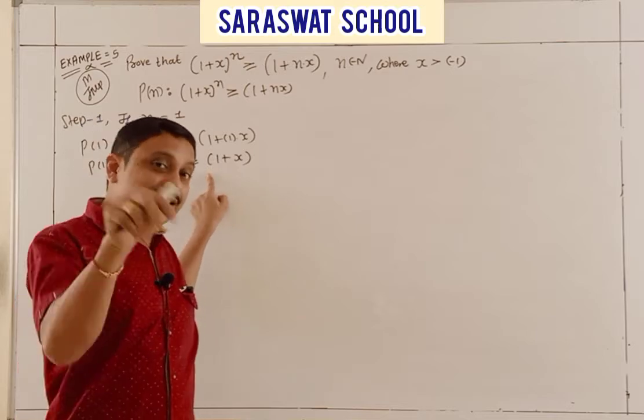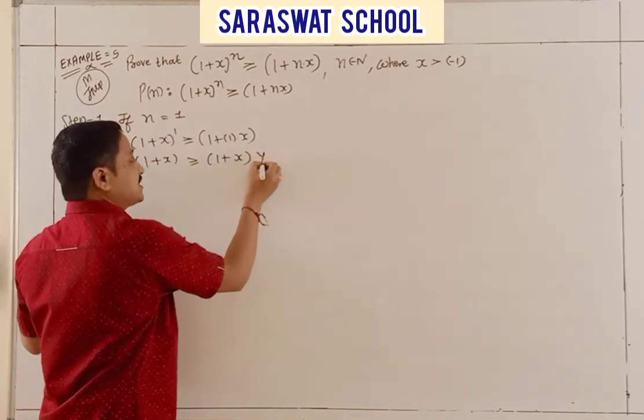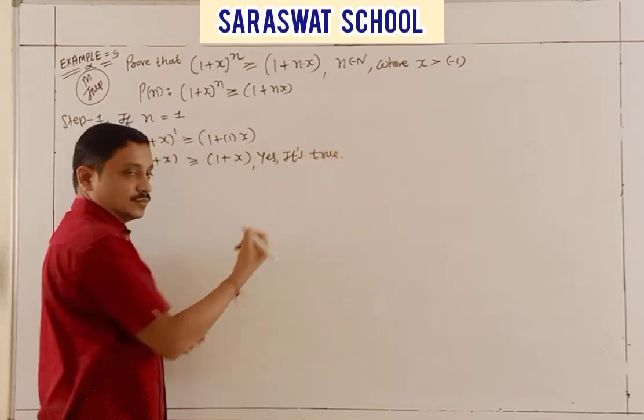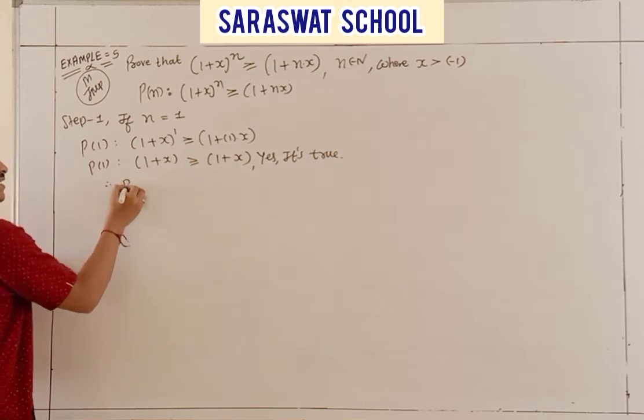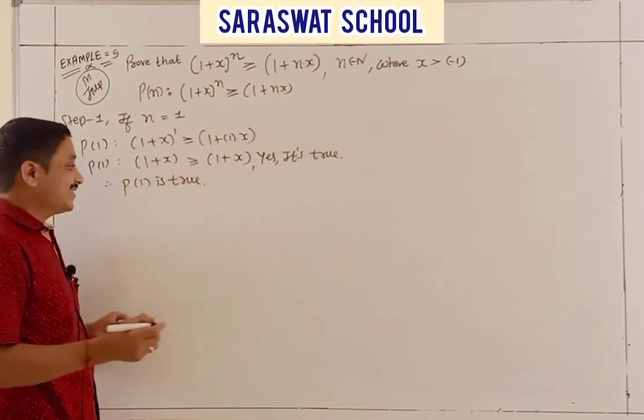Either greater or equal. If equal is true, so here write down yes, it is true. So indirectly P(1) is true. Our rule over. Now start.